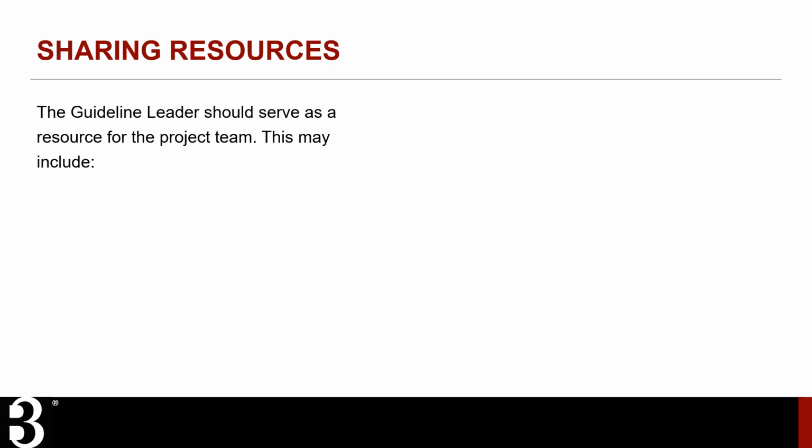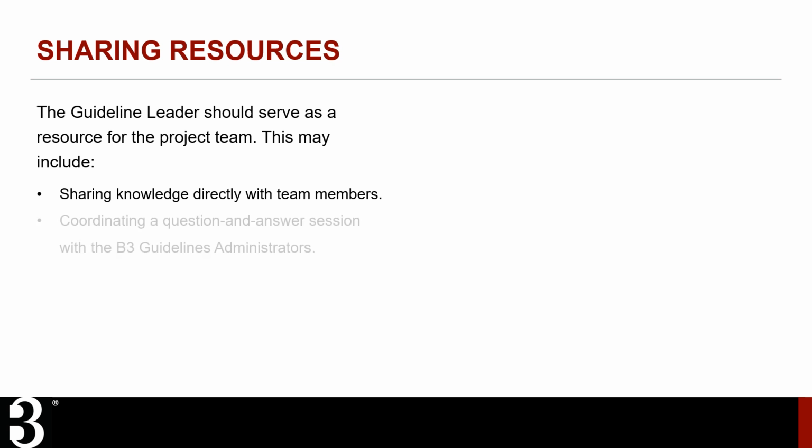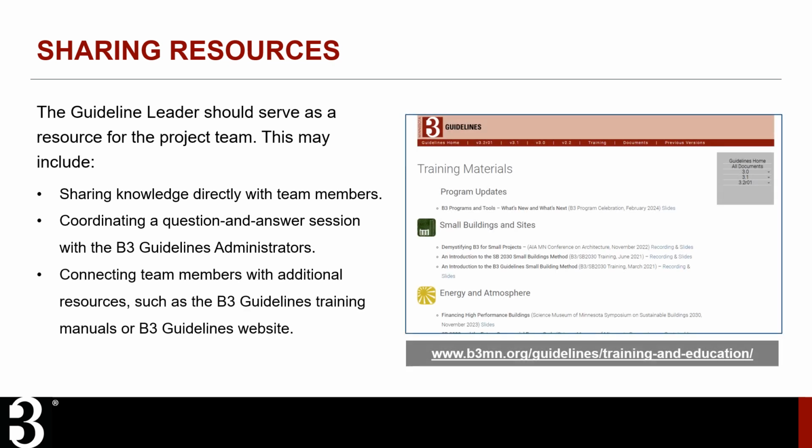The guideline leader should serve as a resource for project team questions about the B3 Guidelines requirements and sustainable design strategies. This may require sharing knowledge directly with team members, coordinating a question and answer session with the B3 Guidelines administrators and relevant project team members, and connecting team members with additional resources such as the B3 Guidelines training manuals or B3 Guidelines website.